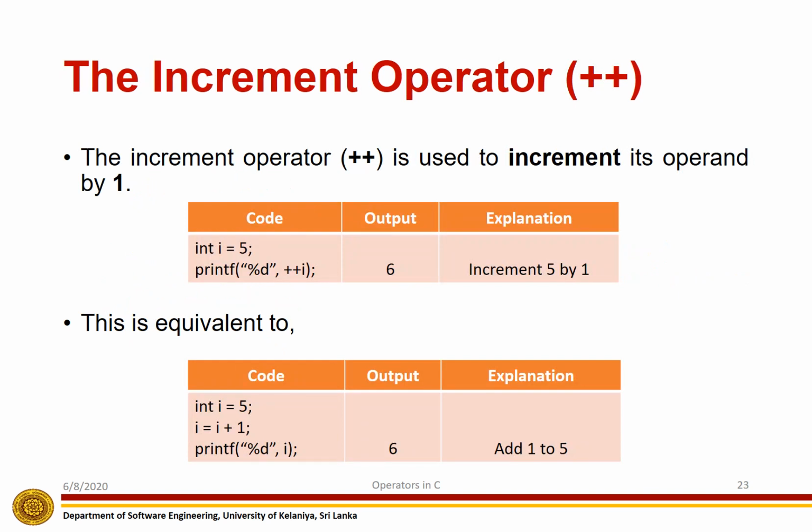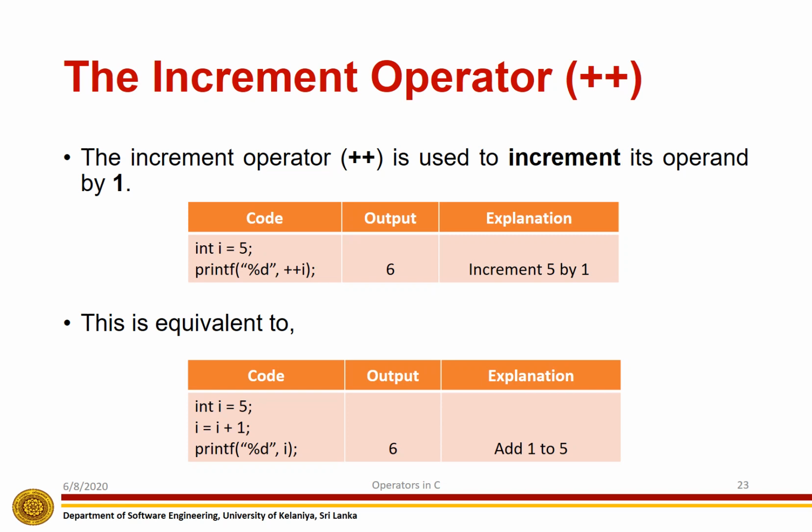Then the increment operator. The increment operator, double plus marks, is used to increment its operand by 1. In the example you can see int i equal 5. Then I have passed the value ++i to printf. So initially i is equal to 5, now i is equal to 6.